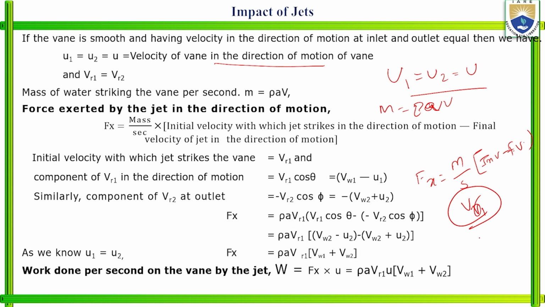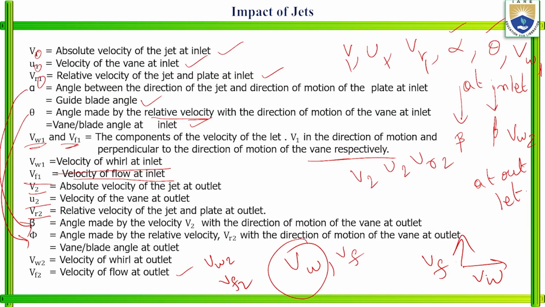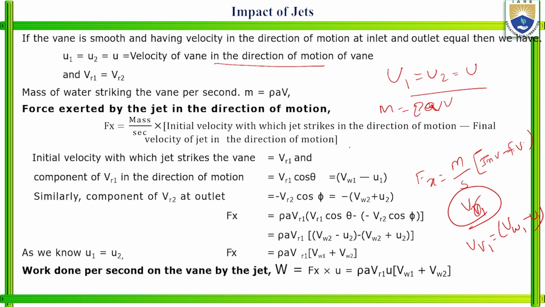So the components are: VR1 cos theta is equal to VW1 minus U1.